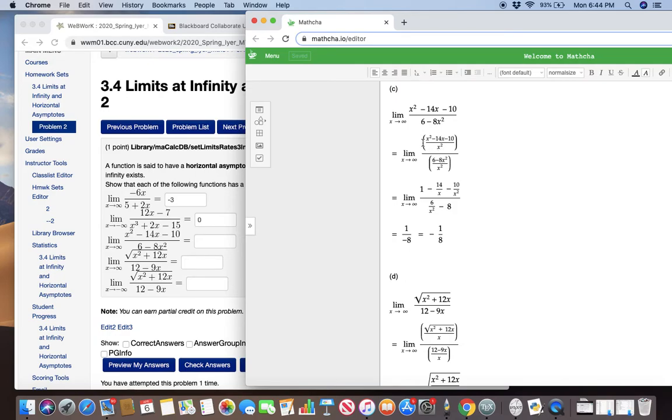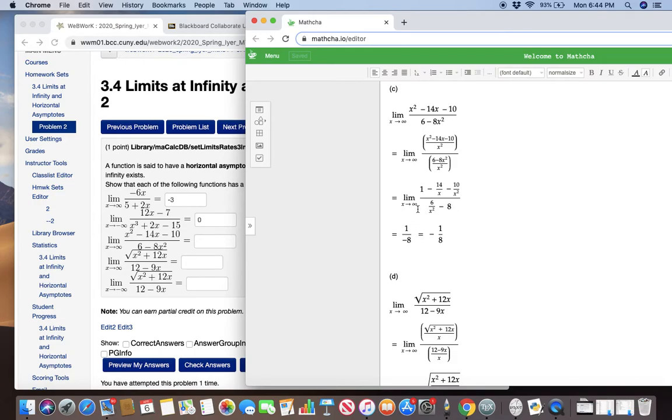Distribute. x squared over x squared is 1. 14x over x squared is 14 over x, since one of the x's cancels. 10 over x squared stays 10 over x squared. Likewise, in the denominator, 6 over x squared, and 8x squared over x squared is 8.